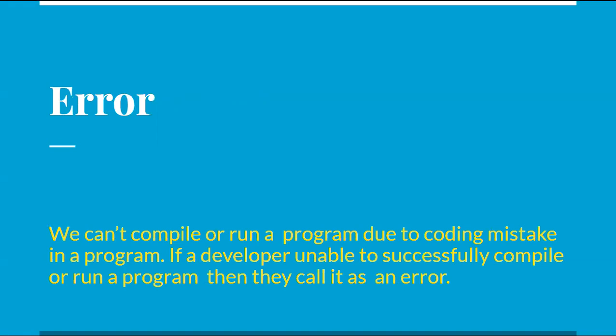errors. We can't compile or run a program due to a coding mistake in the program. If a developer is unable to successfully compile or run a program, they call it an error. So, error is basically a human mistake.